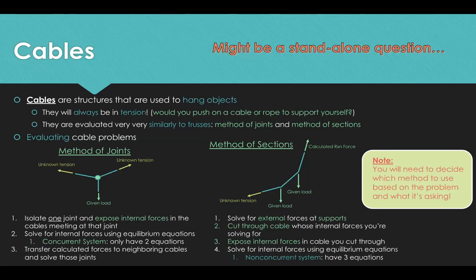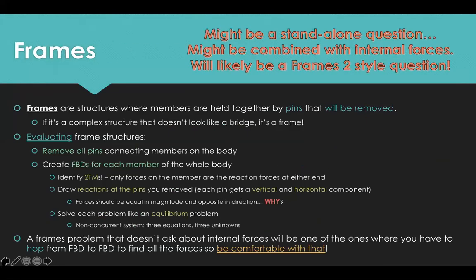Inspection just means that you don't really have to do actual math to find the answer. That's a really good point. At some point it'll be really, really obvious that one of the forces equals some value, right? That's pretty common, especially in trusses.